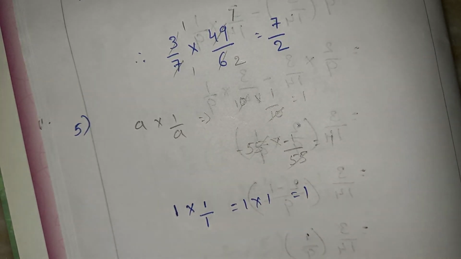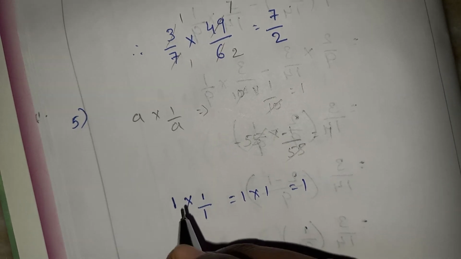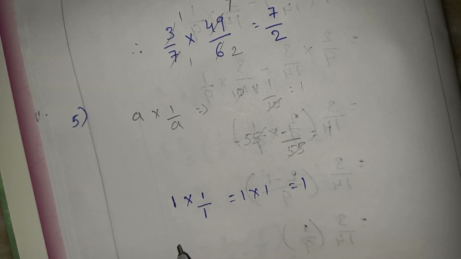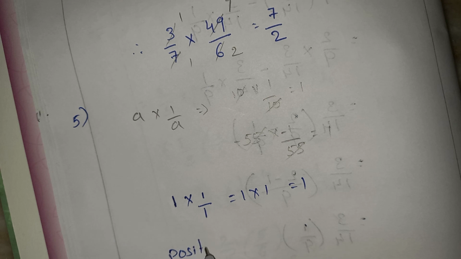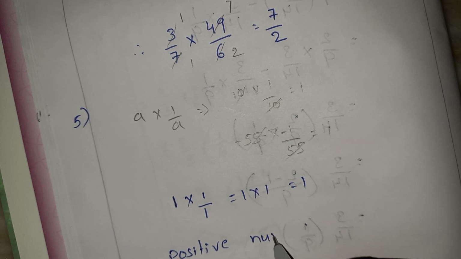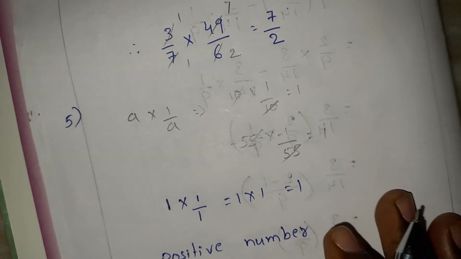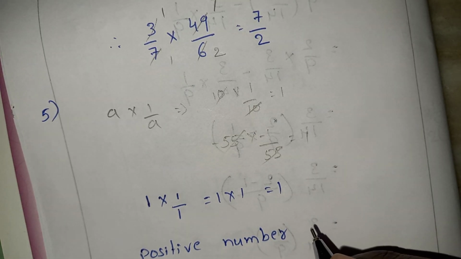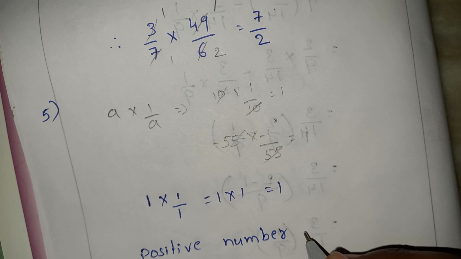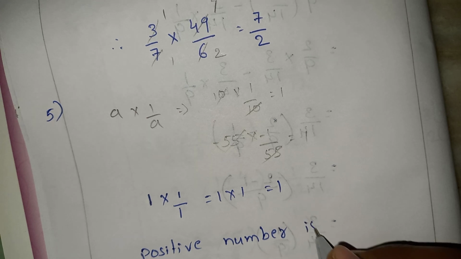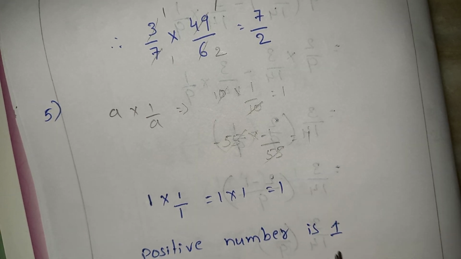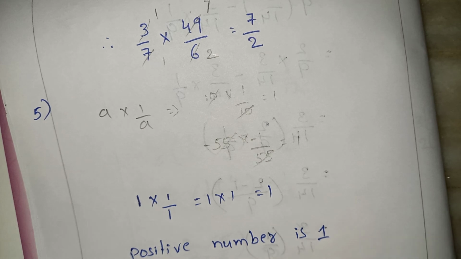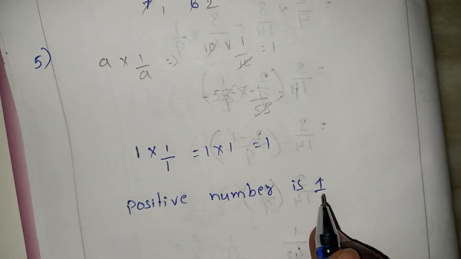Again the answer will be 1. So the positive number which is its own reciprocal is 1. Understand? 1 is the reciprocal of 1.